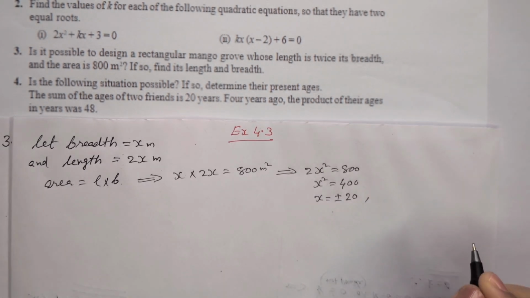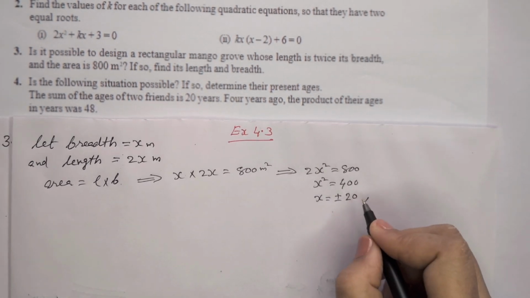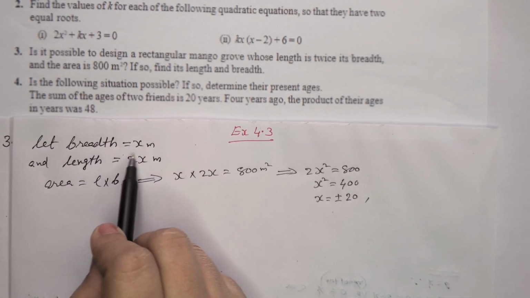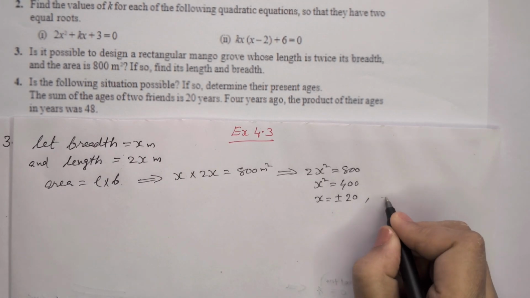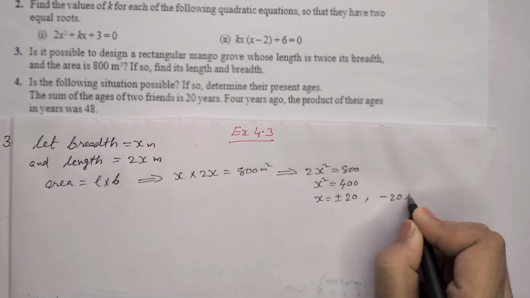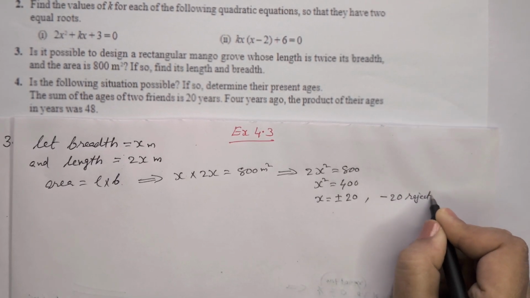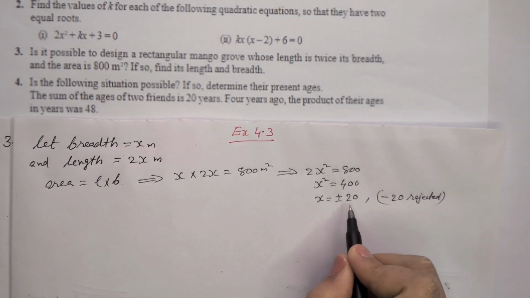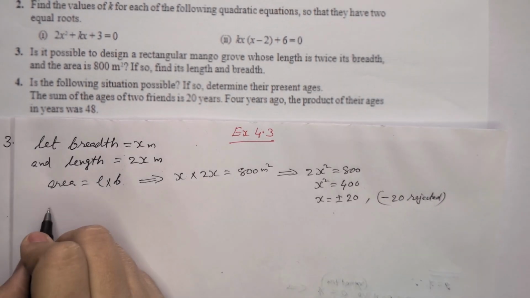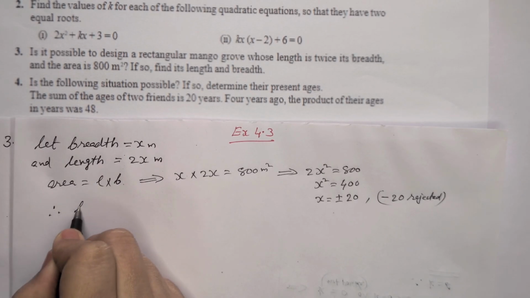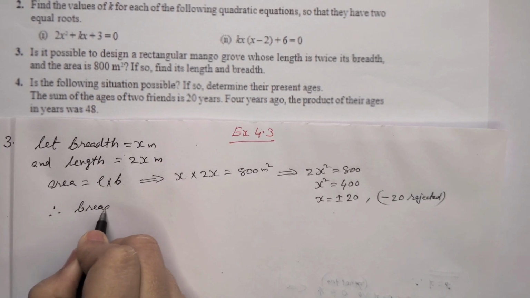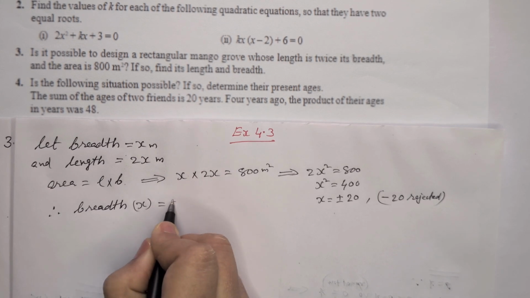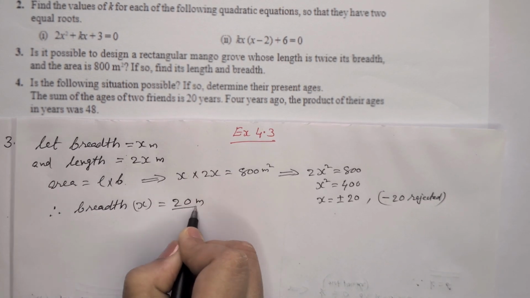Here minus 20 we cannot take, because negative 20 as the length or breadth we cannot take. So we can write, minus 20 rejected. Length or breadth we cannot take as a negative number. So therefore the breadth, that means the value of x, we are taking as plus 20 meter.